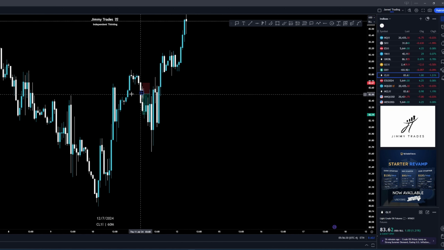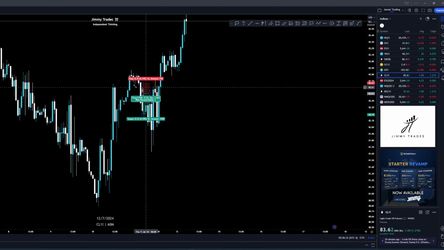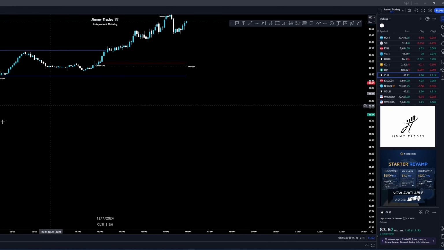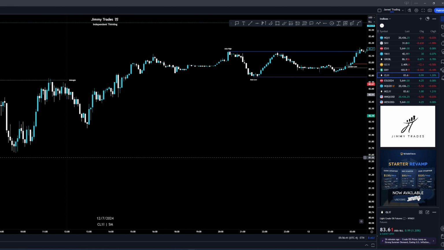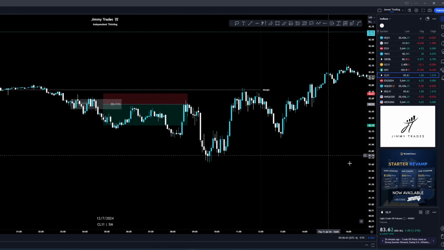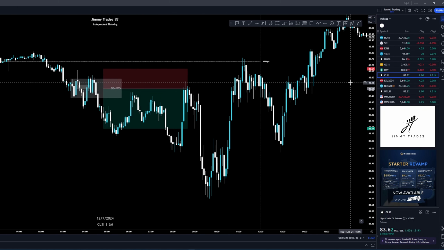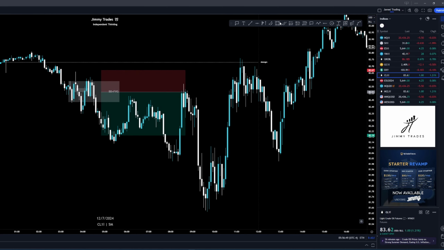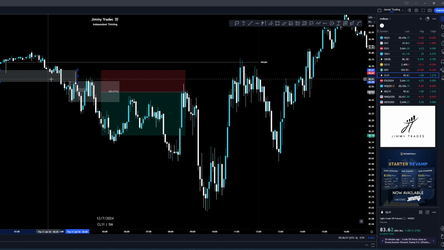So back onto the trade. So we had an inversion on the hourly, and then my execution time frame is on the 5 minute. And what we had on the 5 minute as well is that we actually had a 5 minute inversion with a balanced price range, and this overlapped with the hourly.